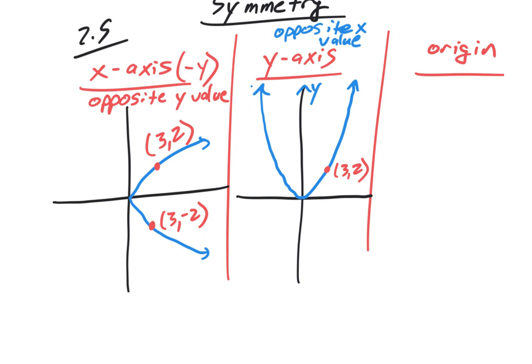So if I still had a point at 3, 2, now when I flip it over the y-axis, it's going to be negative 3, 2. So if I go right 3 and up 2, when I flip it, now I'm going to go left 3 and up 2. So the x value is the opposite value, whichever way you flip it. You go from negative to positive, positive to negative. The y value stays the same here. The x value is the one that changes.